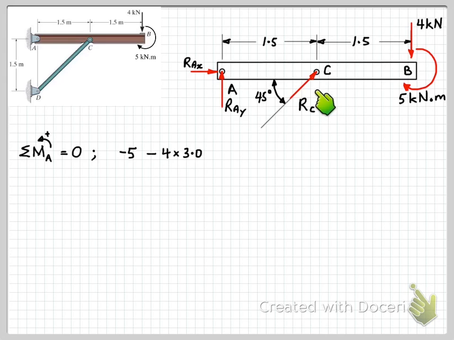Then next we have our force RC from the strut. Need to work out the moment of that force. So we could work out the perpendicular distance down here like this.